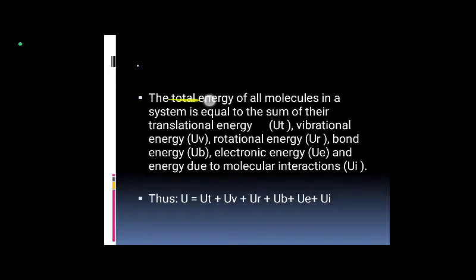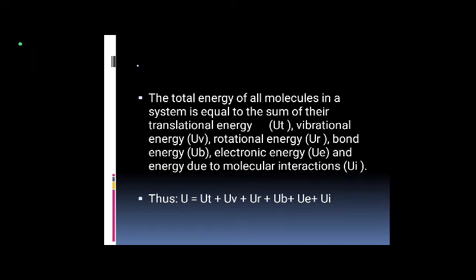So the total energy of all molecules in a system is equal to the sum of their translational energy, vibrational energy, rotational energy, bond energy, electronic energy and energy due to molecular interactions.